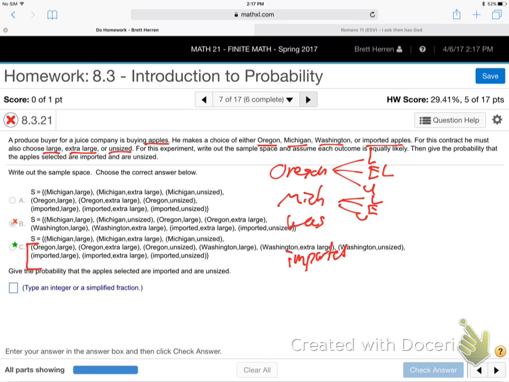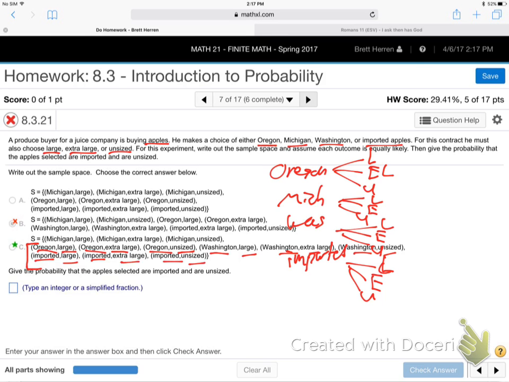If you list through this whole list, see, Oregon large, Oregon extra large, Oregon unsized. Washington large, Washington extra large, Washington unsized. Then imported large, imported extra large, imported unsized.